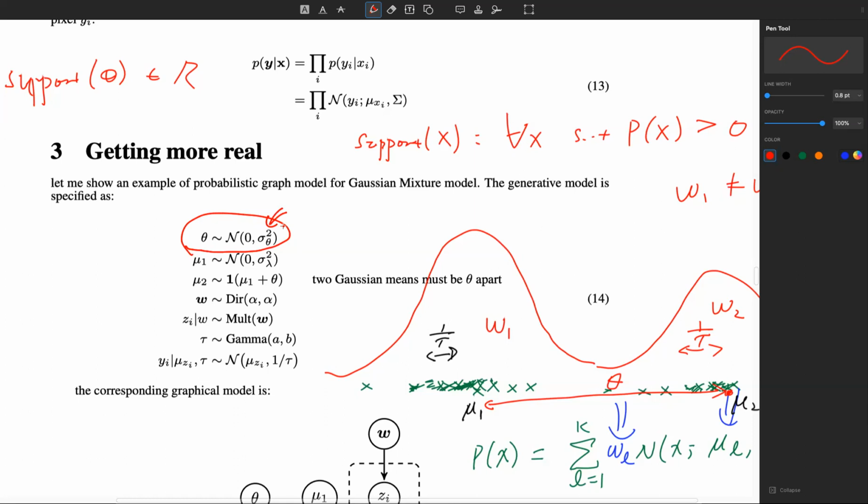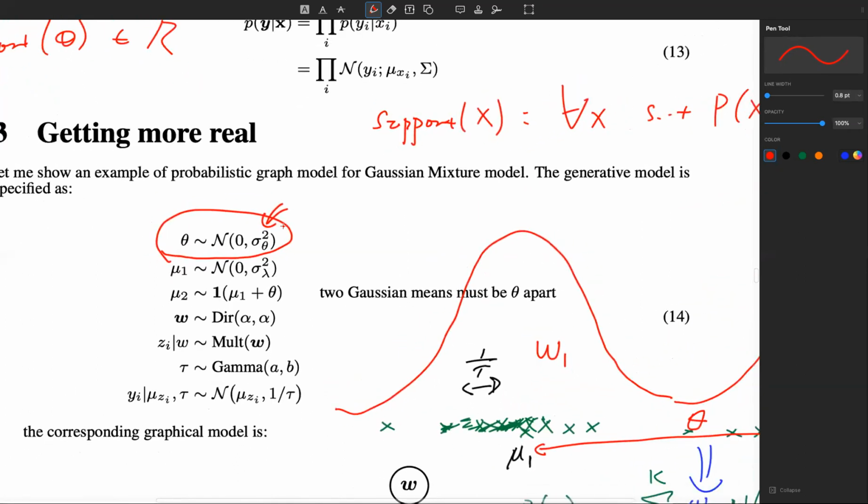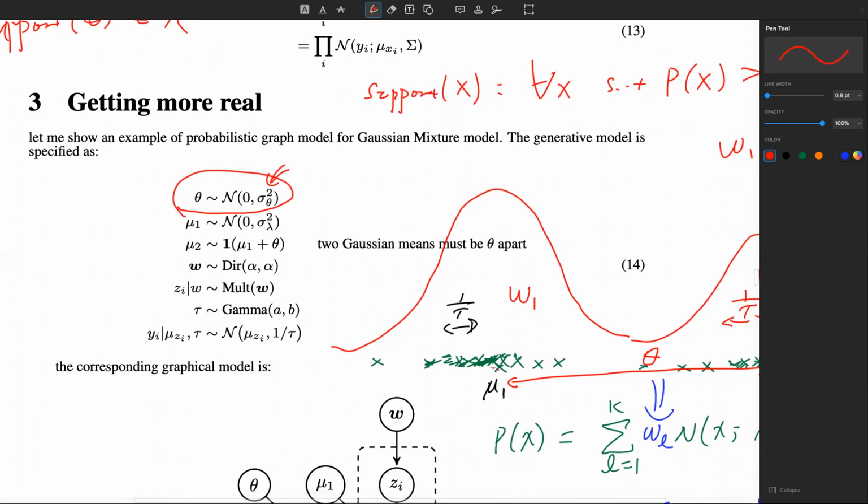So we have something like that, right? That's the hyperparameter. And what about mu1? Because mu1 can take any value in the real number line, we will assign a Gaussian distribution as well.